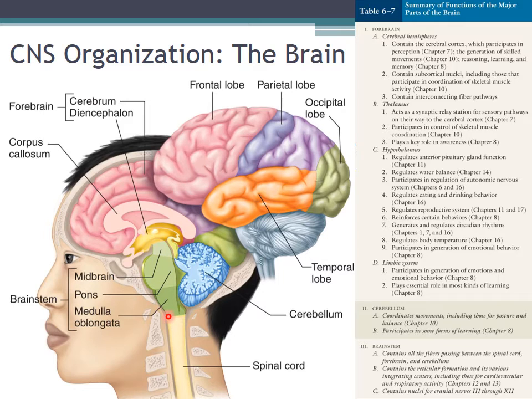You also have cardiovascular centers in the medulla oblongata: one called the vasomotor center, one called the cardiac acceleratory center, or the CAC, and one called the cardiac inhibitory center, or the CIC.